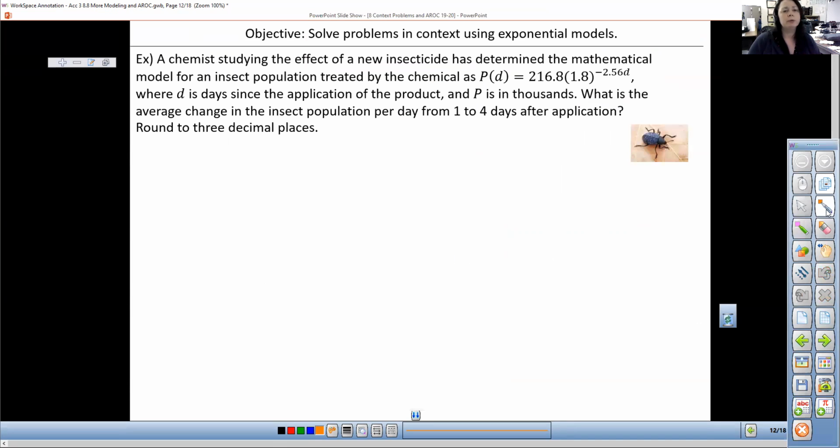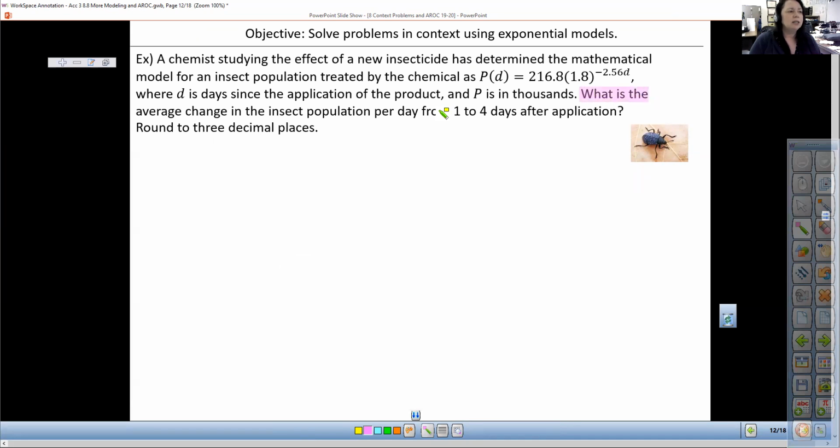All right, so this problem we will be doing together. And I'm just going to point out some of the key things that tell me that this is an average rate of change problem. Because like I said, they're going to be mixed together. So notice here it says, what is the average change? Oh, word average, word change. Okay. So that's telling me this is an average rate of change problem.